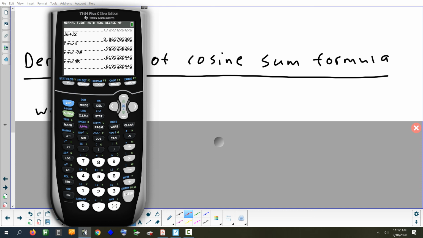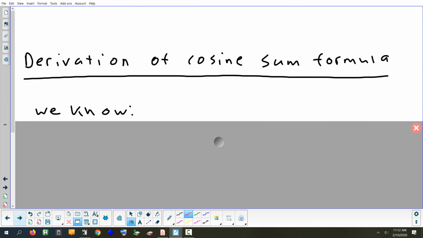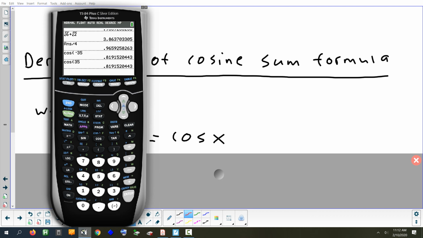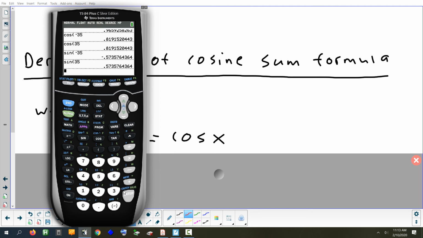Now, sine is a little bit different. With cosine, whether you put the negative in or you don't put the negative in front of the angle, it doesn't matter. Let's try it with sine. So let's do sine of negative 35 and sine of positive 35. Did those answers come out the same?